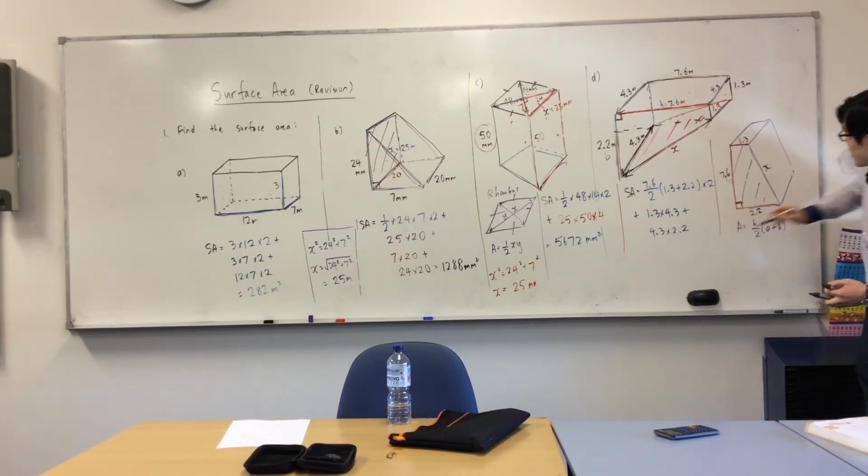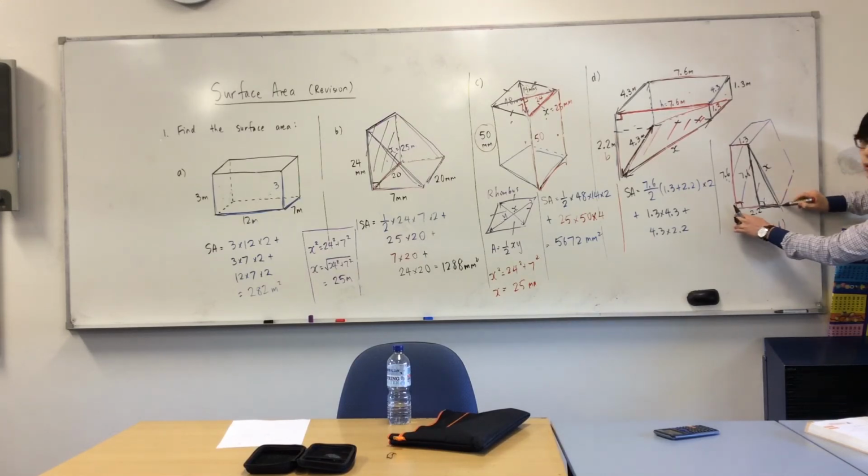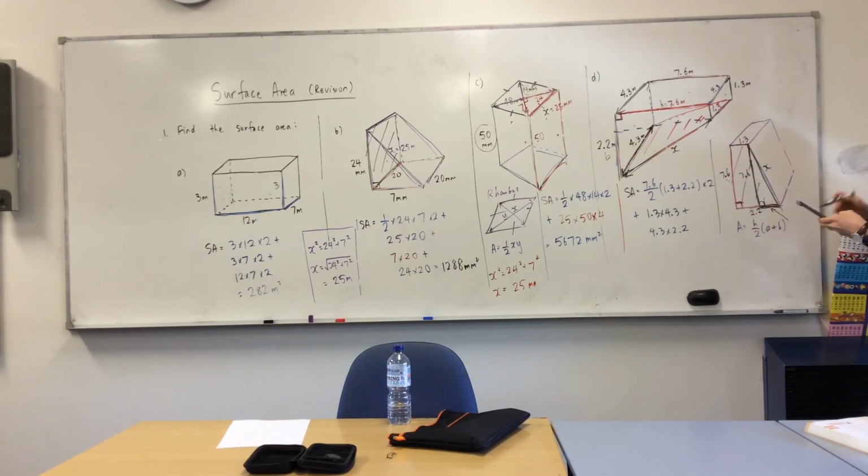In order to find this length, what she's saying is, let's cut this trapezium like this. If I cut it like this, that gives me a right angle triangle that we can use to find Pythagoras. This is 7.6, because that's the same. Now this, right there, it's 2.2 minus 1.3, which is 0.9.